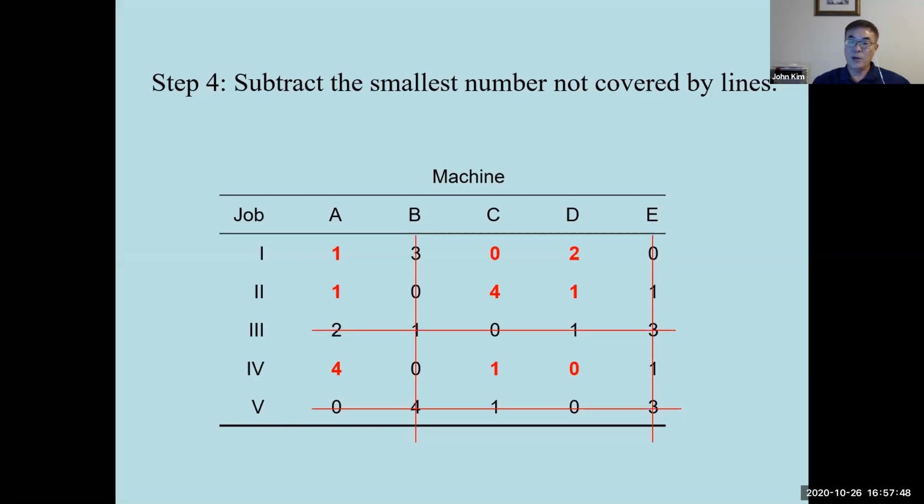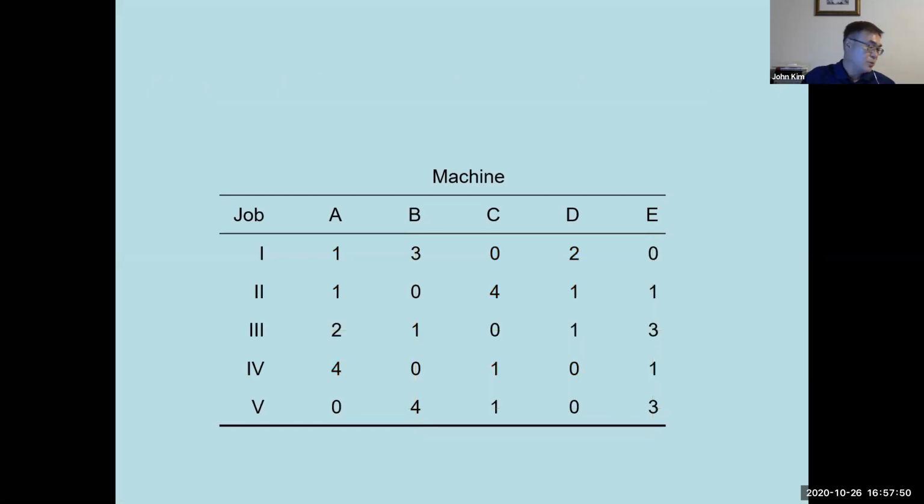And then try again, cover all zeros using lines. There are 2 zeros here, so cover that. There are 2 zeros in this column, so cover this column. And there are 2, and then there remain here and here. You may cover this row first because there are 2, but I use this one. Anyway, cover and cover.